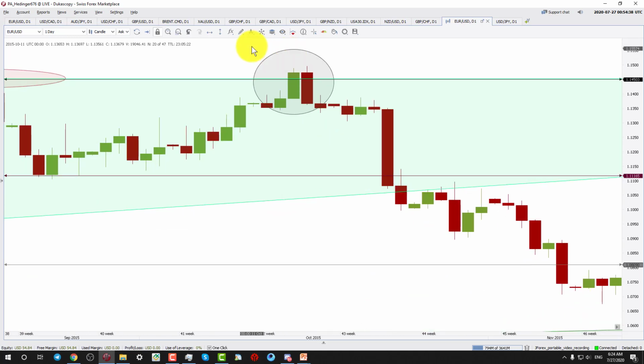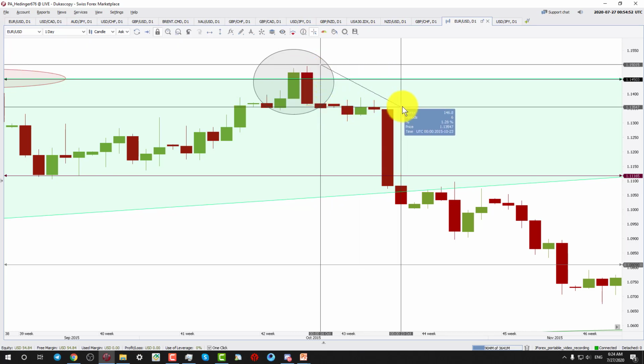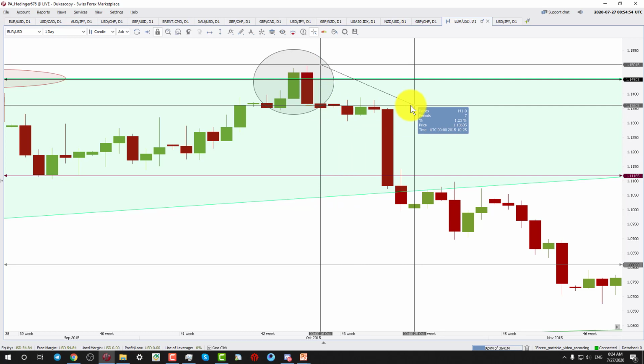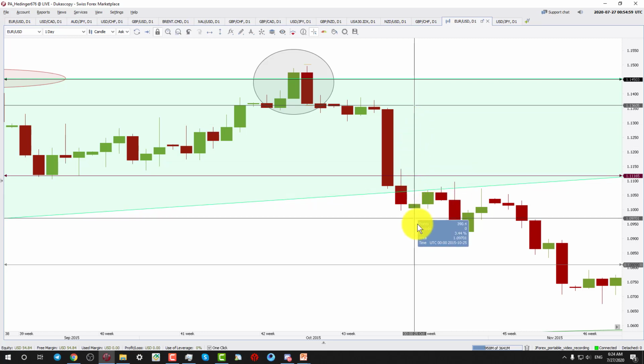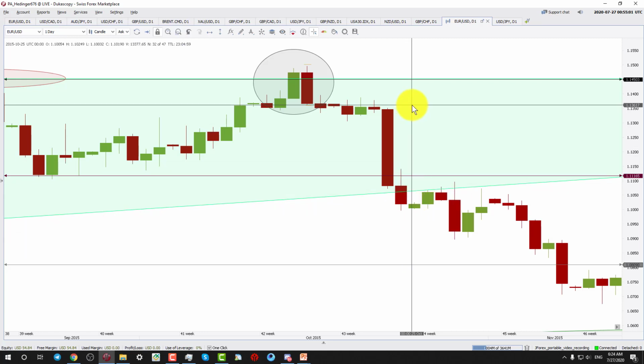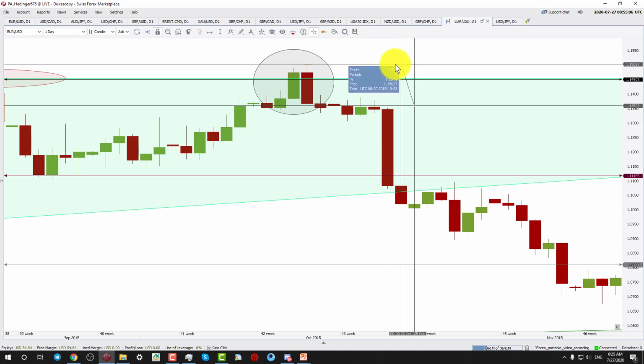You see here, this was my sell signal, this was my stop loss, and if you measure this move, I had a stop loss of approximately 141 points, and my take profit was 442 points. Okay, it must be 3 times more than this.